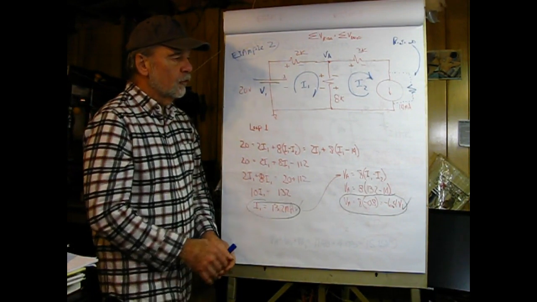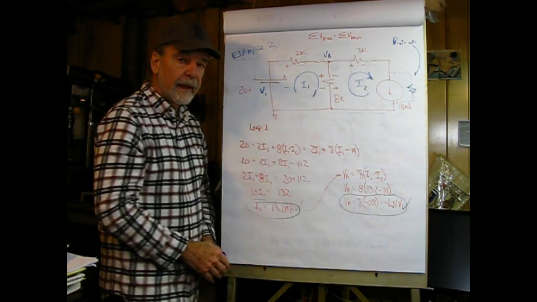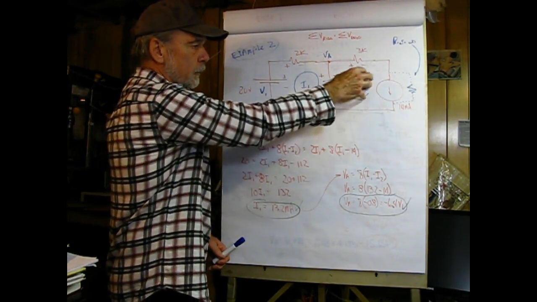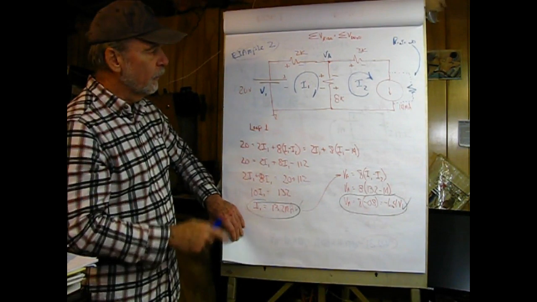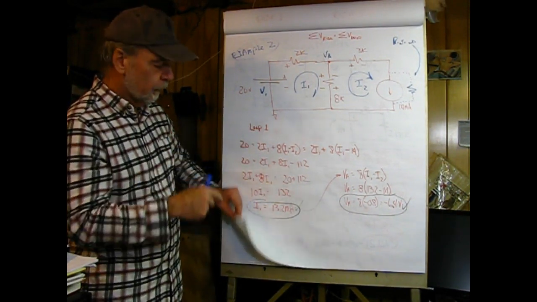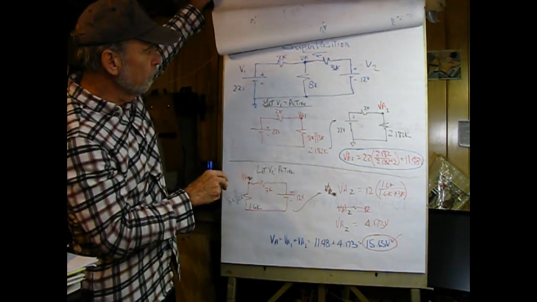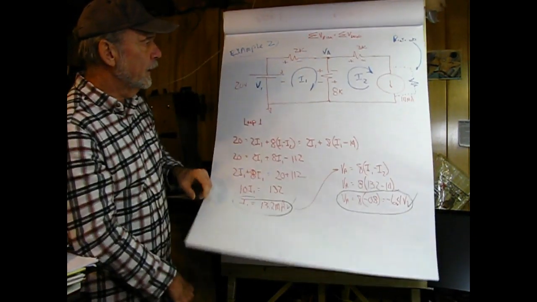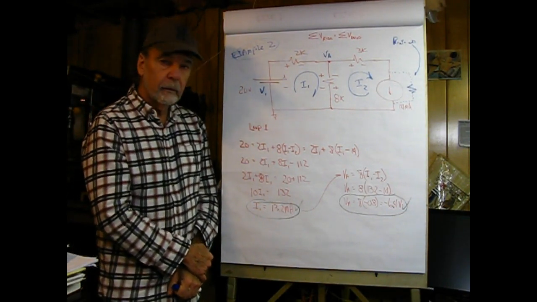Now, notice that I don't have a mesh current flowing through this, and I don't need to have one because everything is covered. All components are covered by the two mesh currents that we have, and that also backs up into the first part of this example. So our next topic will be superposition, and thank you for watching.